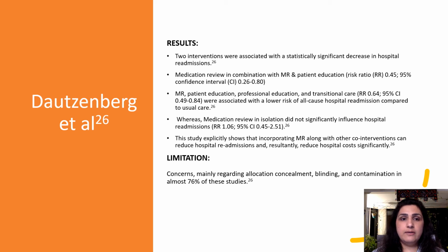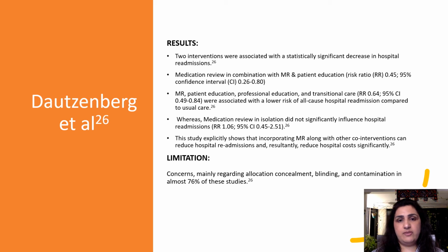They found that when the medication review is combined with the medication reconciliation and patient education, then it has a confidence interval of process improvement of 95%. And medication reconciliation, patient education, professional education, and transition of care are associated with low risk of all-cause hospital readmissions. Whereas if the medication review is done in isolation, without the medication reconciliation or the patient education, then it doesn't have much significance.